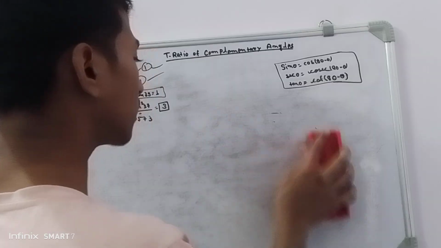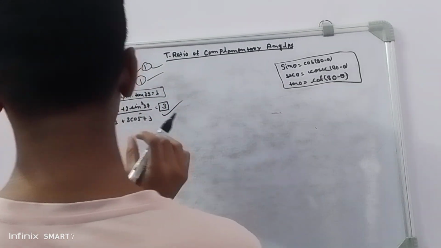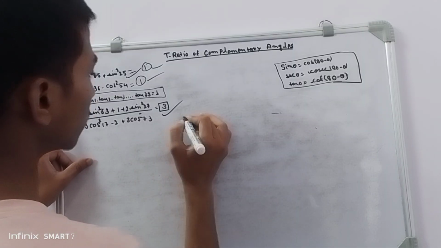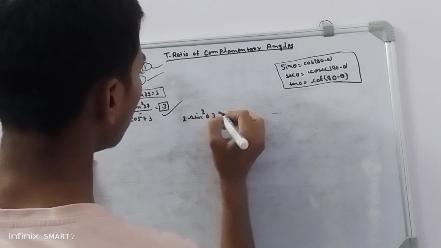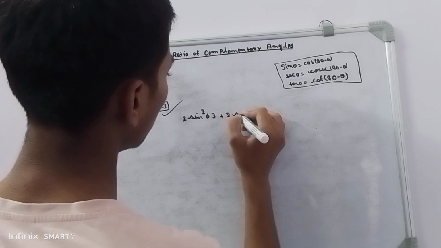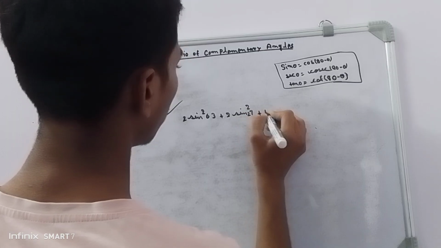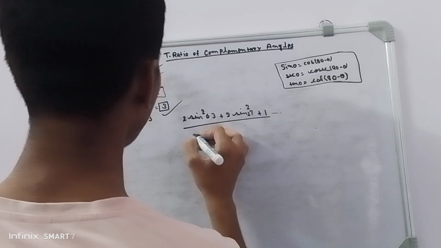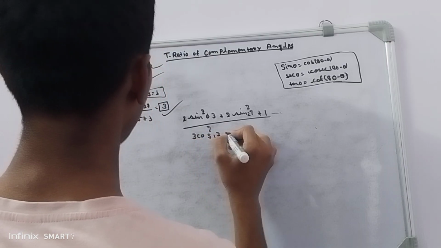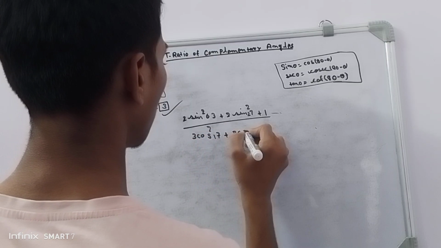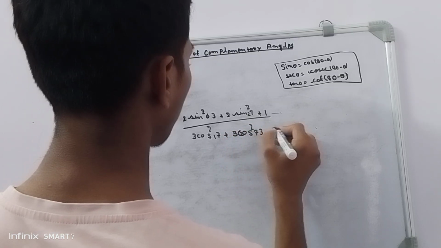And now a very interesting question comes to you. How will you solve this one? Which is 2 sine square of 63 plus 2 sine square of 27 plus 1, and then 3 cos square of 17 plus 3 cos square of 73, then minus 2.